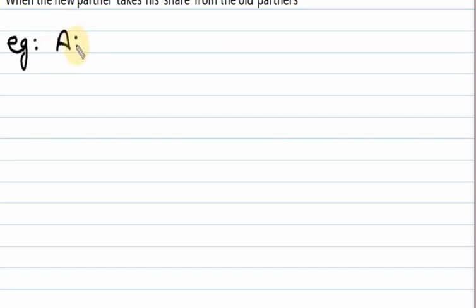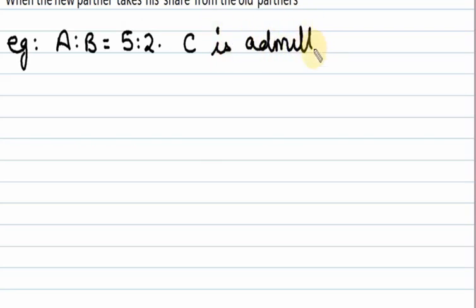Suppose the old partners are A and B who were sharing in the ratio of 5:2. They admit C, that means C is a new partner, and for 3/7 share.